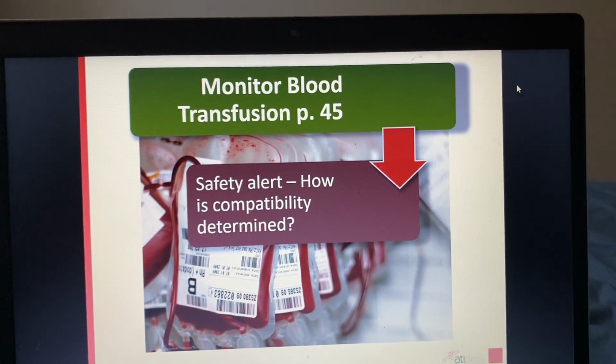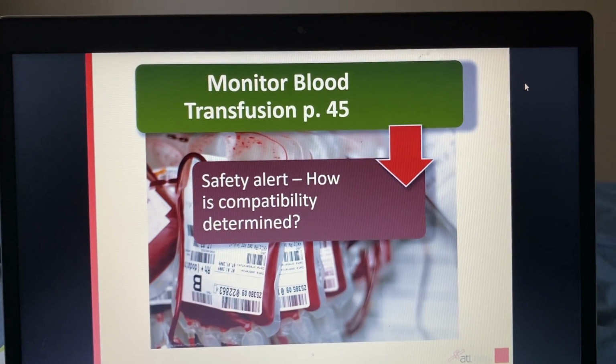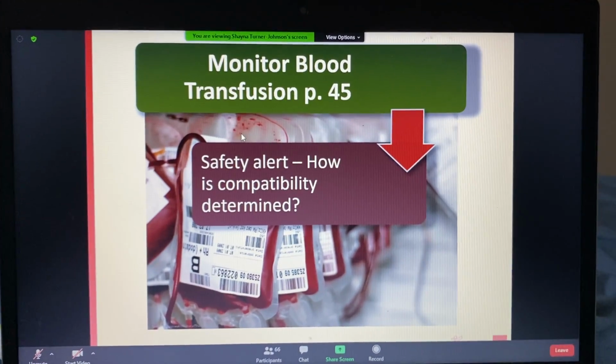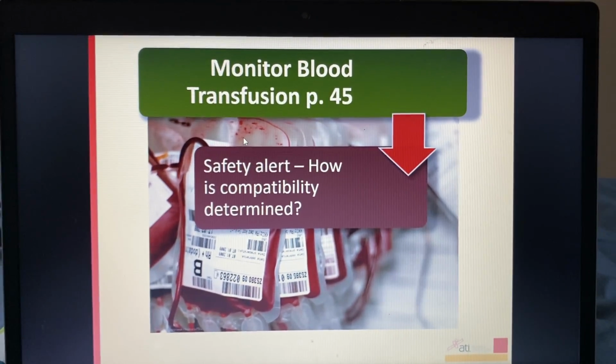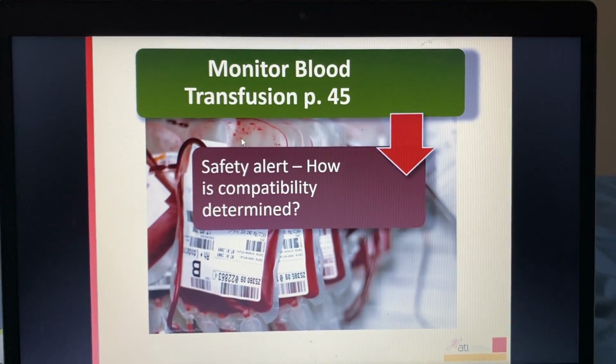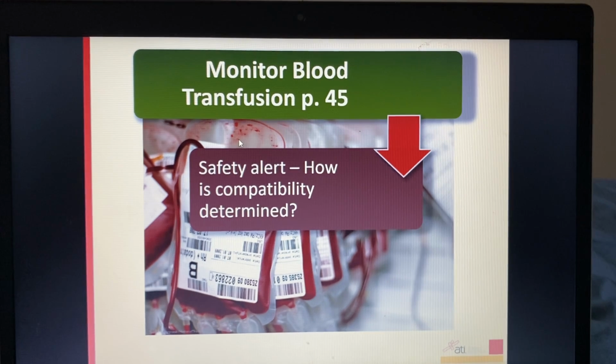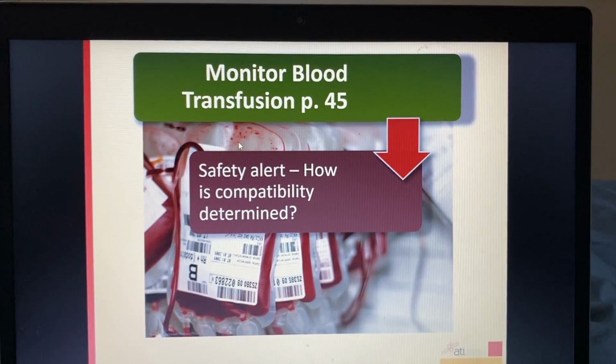And do they have Rh factor or do they not have Rh factor? Those are the things that we think about and consider. Then the blood bank decides what type of blood they could get and if it's going to be okay for them.